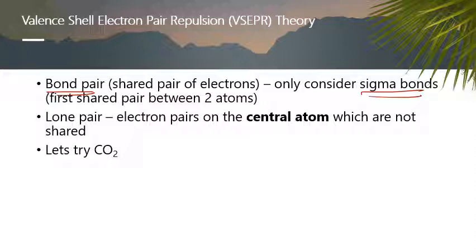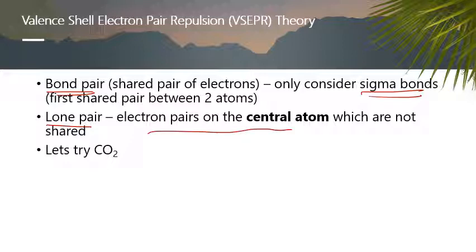This is the first shared pair between two atoms. So the pi bonds are not considered bond pairs. They're just ignored in this theory. Lone pairs are electron pairs on the central atom which are not shared.